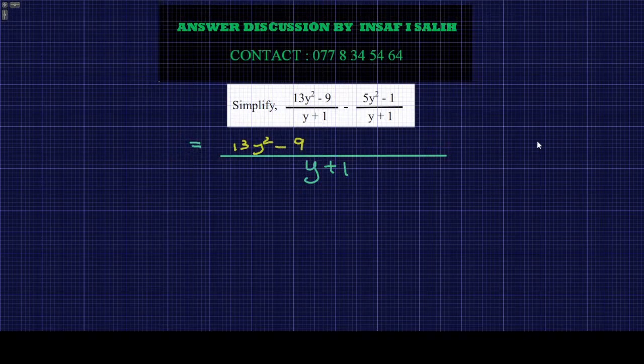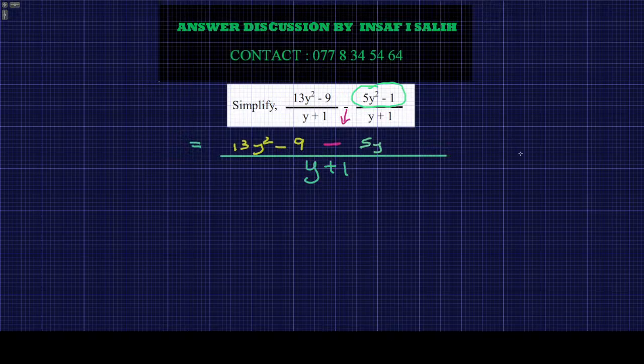Then comes the subtraction sign. Then this 5y squared minus 1, this entire thing should get subtracted from the first fraction. So how do we write 5y squared minus 1?